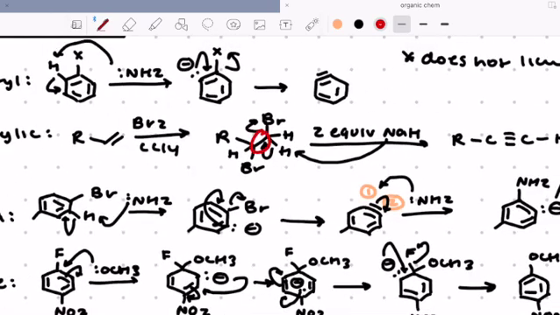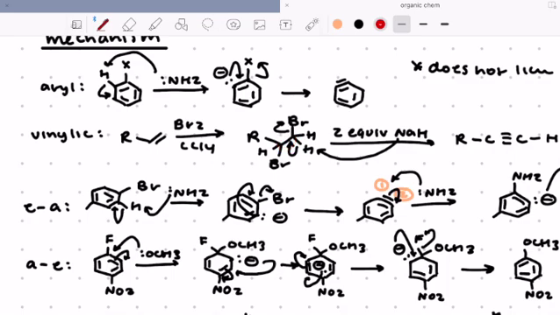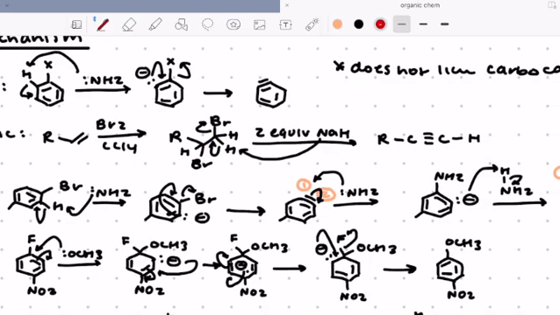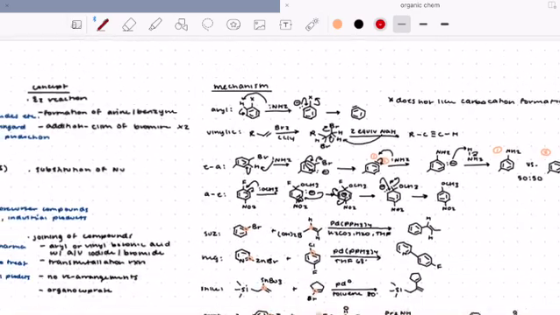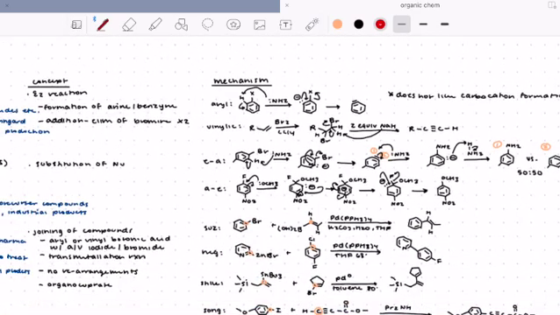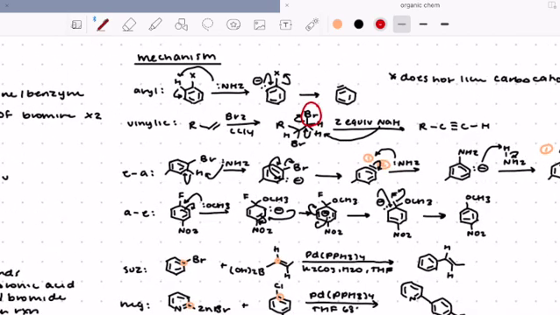So you're essentially breaking those bonds using two equivalents of NaNH2 to either take out one hydrogen and then in a second round take out the other hydrogen. You're able to form this triple bond that you see here. So in that way, both of them are eliminations, considering they're getting rid of the halide, and then they're forming some type of triple bond instead.